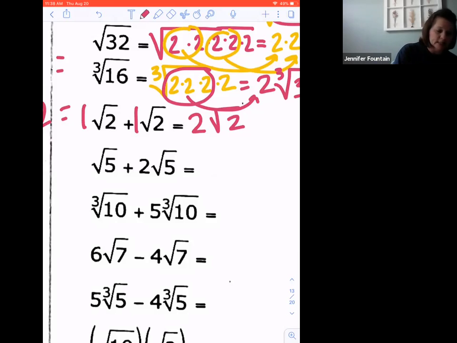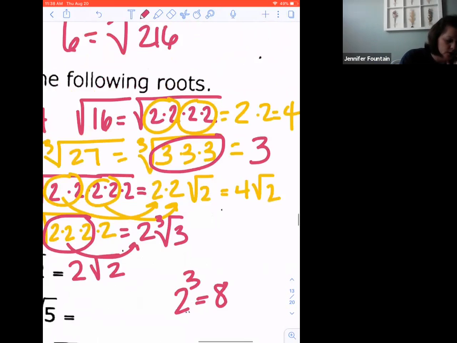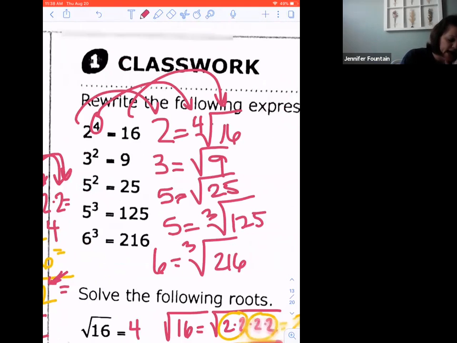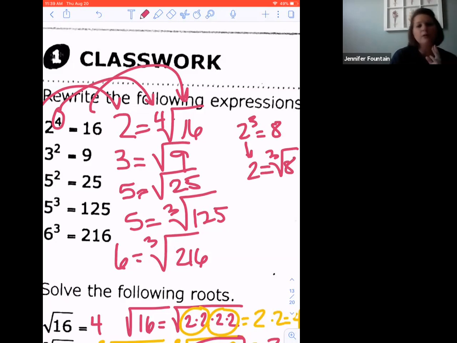The reason is, if I had 2 cubed equals 8, you remember when we were working with these up here, then I would take this 2 equals the cubed root of 8, because it takes 3 2's to equal 8.